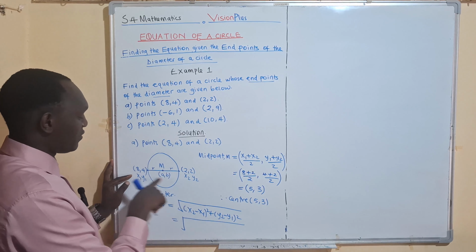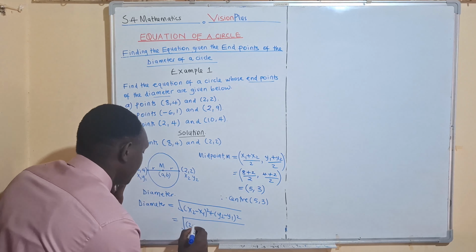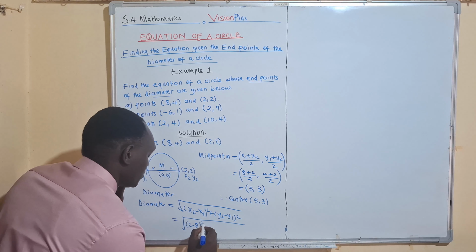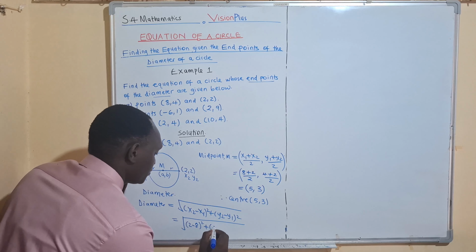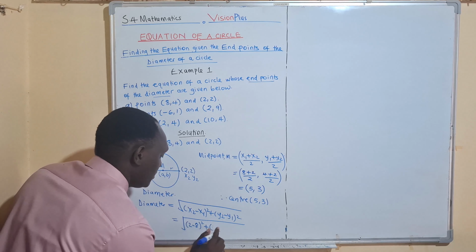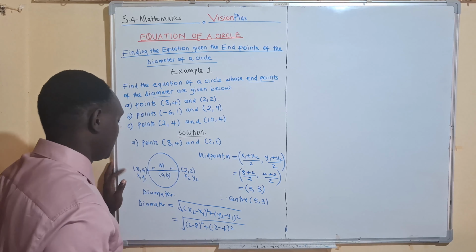I'm going to use how I've named these points. x2 is 2 minus x1 is 8 squared, plus y2 is 2 minus y1, which is 4 squared.